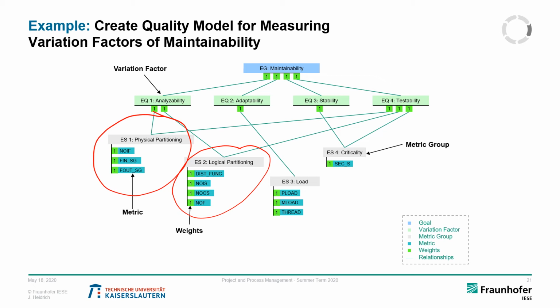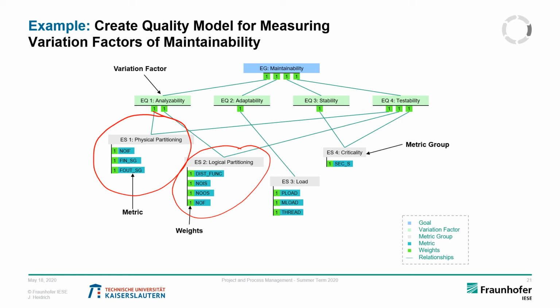Typically in a car, this happens using a bus system. We have different types of bus systems, CAN bus or MOST bus, for instance. And via this bus system, we can send some messages. And via these messages, of course, one control unit is coupled with another control unit. And this is basically measured using the physical partitioning metrics and the logical partitioning metrics.